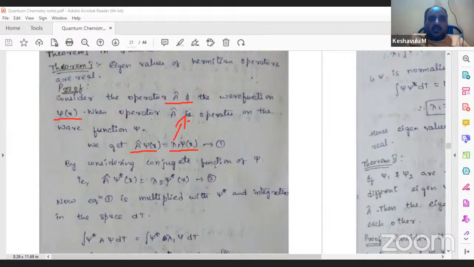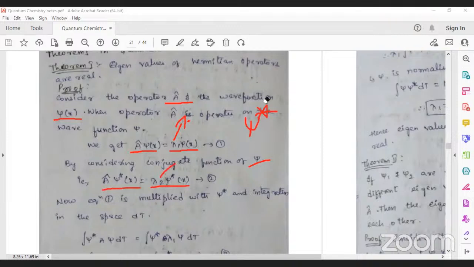Now consider the conjugate wave function of this psi, that becomes psi star. The same operator operates on psi star and gives another eigenvalue, lambda 2. Is it clear up to here? Yes, sir.